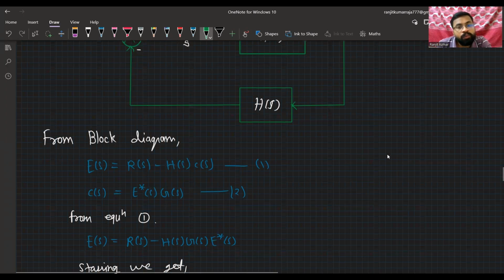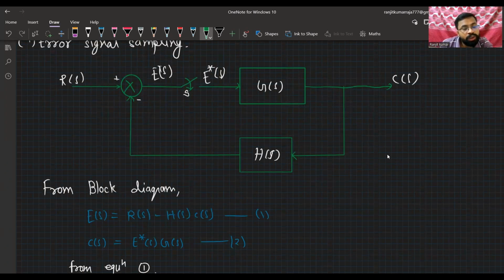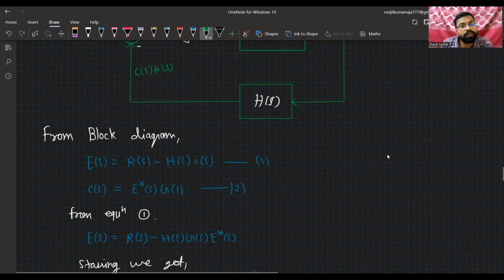From the block diagram we can write E of S, that is R of S minus, here C of S is coming to the sensor block, H of S. So it will become C of S and H of S. So we can write E of S, the error signal, as R of S minus H of S C of S, which is equation number 1.